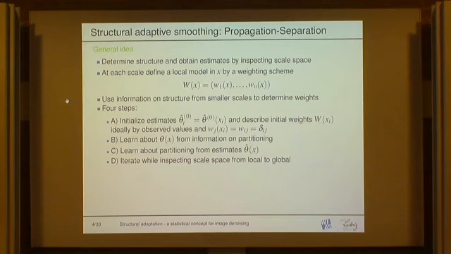W1 to Wn of x are weights assigned to all other design points. And then, so this describes homogeneity structure in the sense that some of these weights can be 0, some of these weights can be 1, or in intermediate stages of the procedure, some of the weights can be interpreted as confidence for a certain design point to belong to a certain homogeneity region.